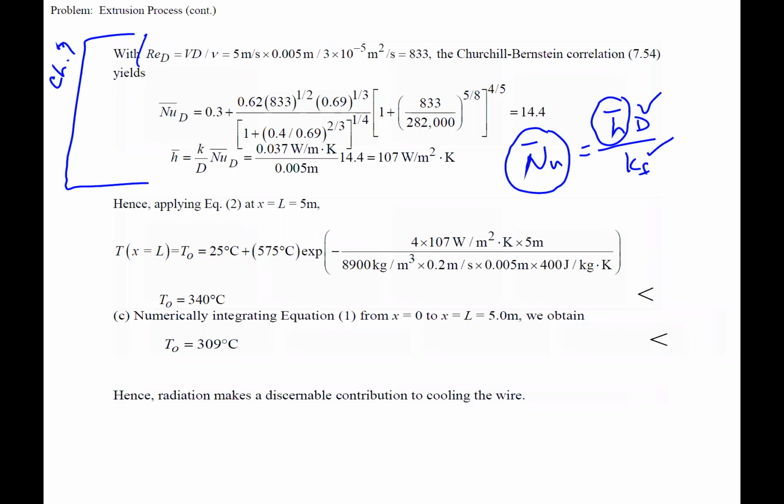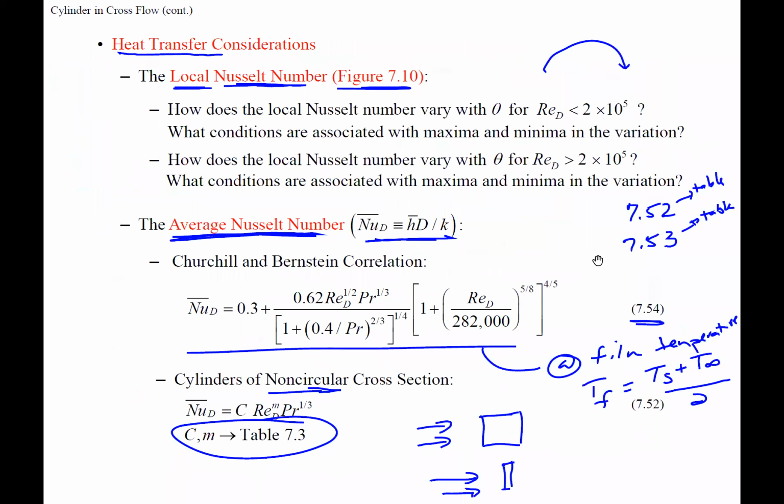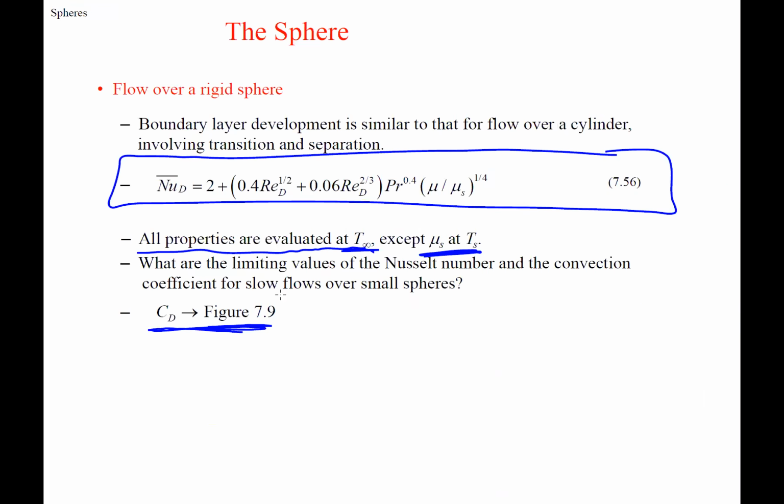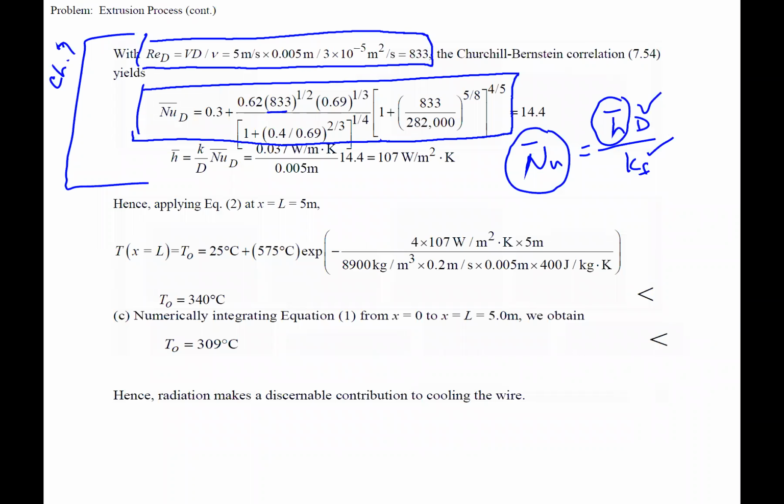So we need an equation for the Nusselt number. We first get the Reynolds number, and then we use our equation for a cross flow cylinder, which we have right here. We're just plugging in the Reynolds number and Prandtl number.